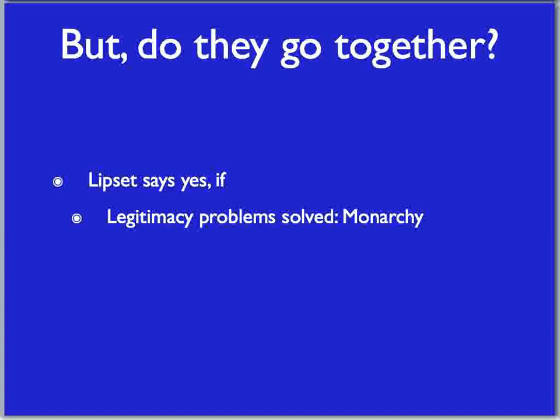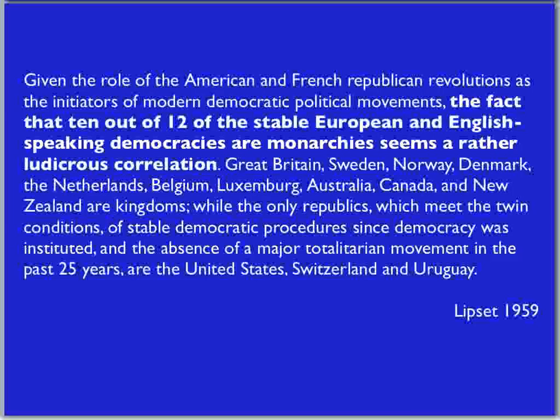It can play out in different ways in different circumstances. In what circumstances does rising wealth lead to democracy? Well, one of the things that's necessary for this to happen is that there needs to be some solution to the problem of legitimacy. What is it that makes government legitimate?